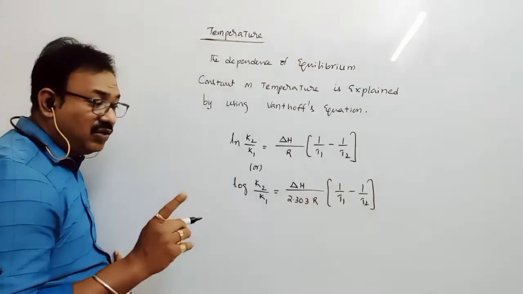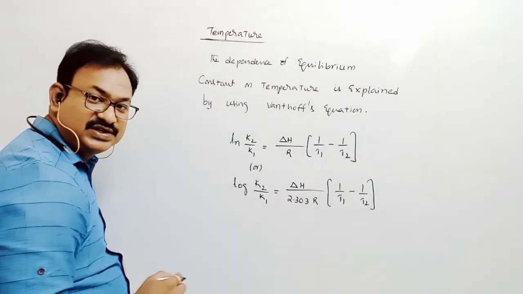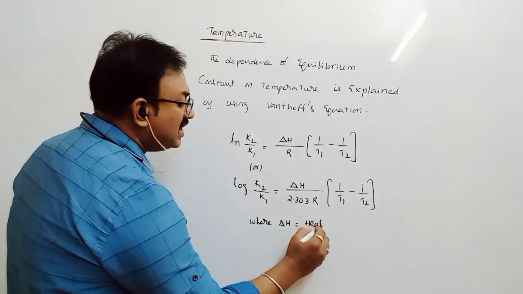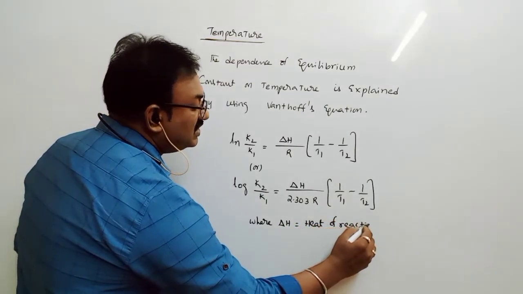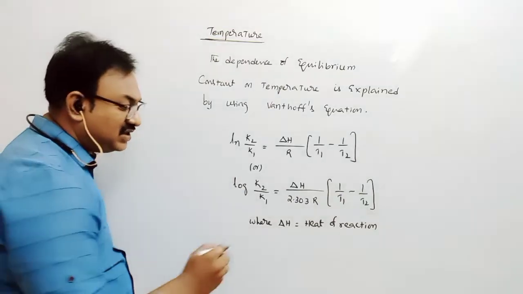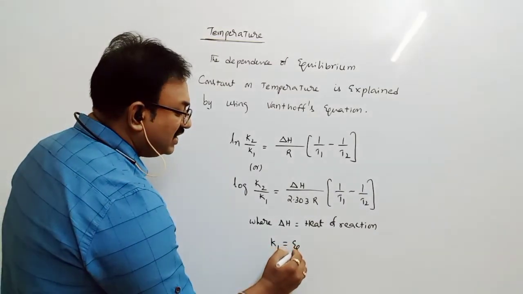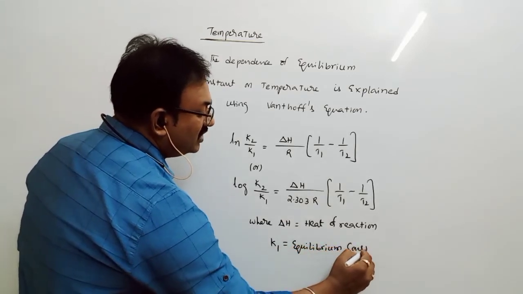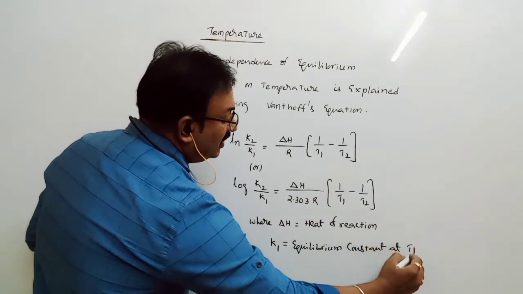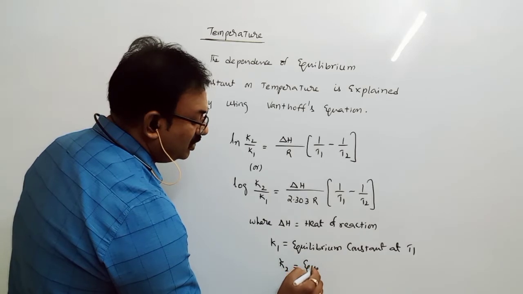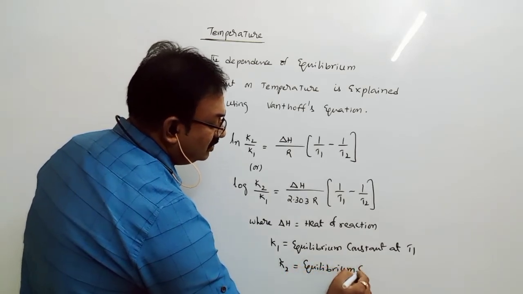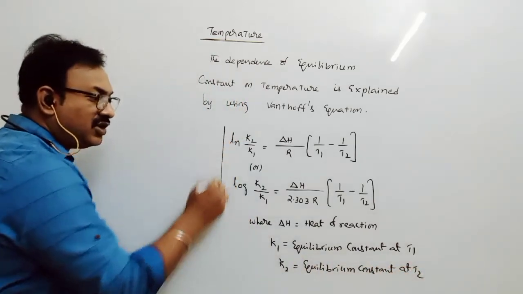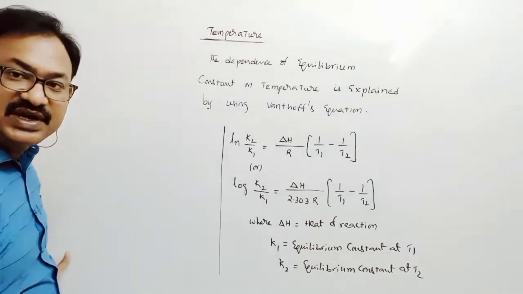Okay. Now one thing you have to understand, that is del H, where del H is equal to the heat of the reaction. So in this equation del H is equal to heat of reaction. K1 is the equilibrium constant at T1, K2 is the equilibrium constant at T2.